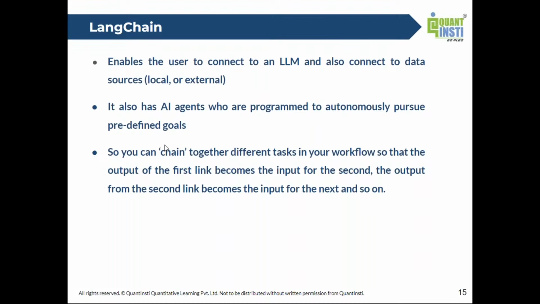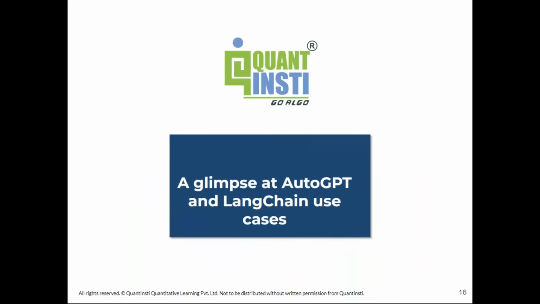And the idea here is you're trying to chain together different tasks. So the output of your first task becomes the input for the second. The output of your second task becomes the input of your third, so that eventually you get your goal. So basically, you break down a big task into a set of smaller chunks, and you're executing each of them separately, right?